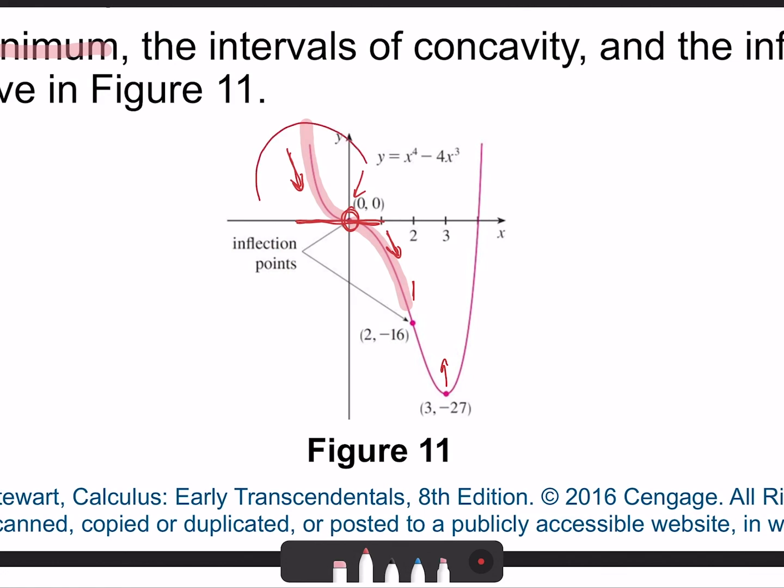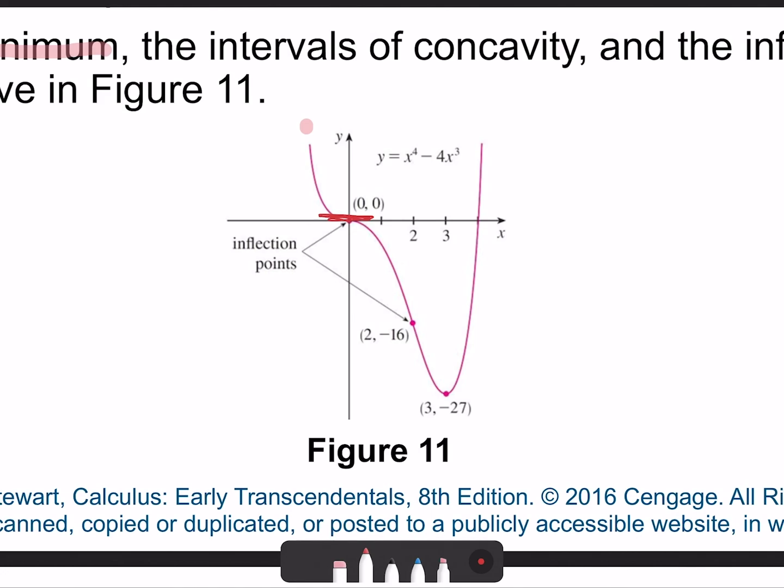Over here, we had to do additional investigation because while the slope of the tangent line here was 0, the second derivative, which is supposed to tell us about concavity, came back not as being greater than 0, not as being less than 0, but as being 0.